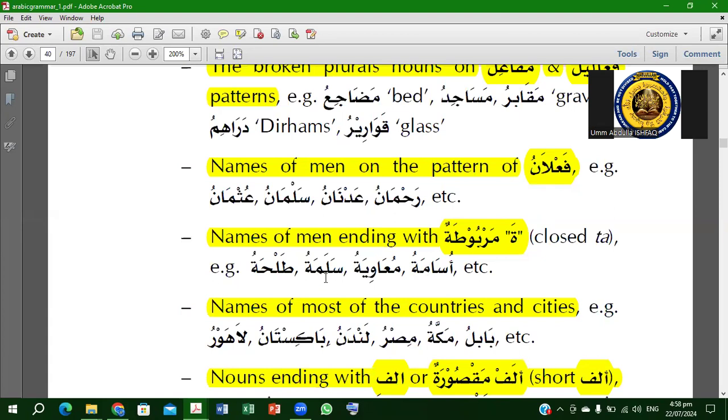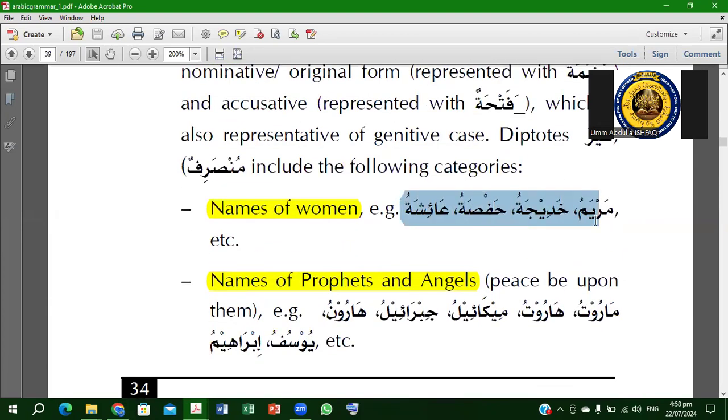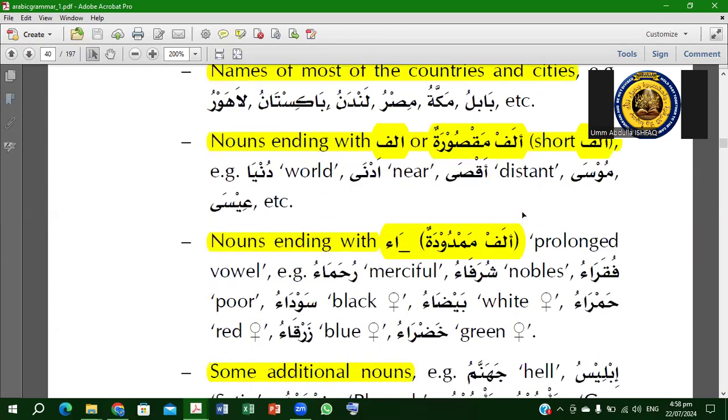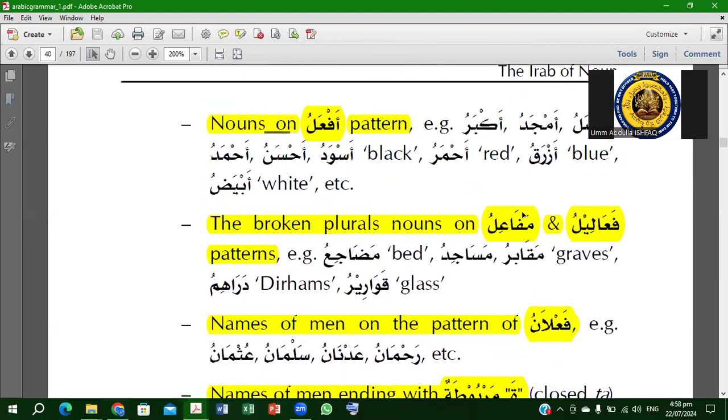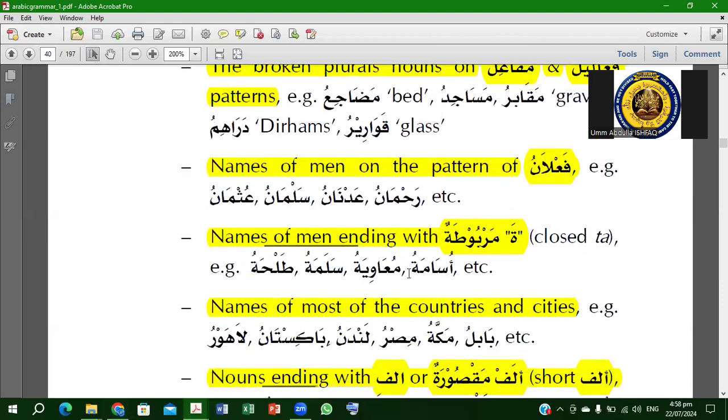Why don't we take them as feminine? Because we know they are men, they are male names, right? But this ta is a sign of females, that's why it is considered in grammar like this. In the beginning we saw all real female names are partly flexible. Similarly, those names which have a ta in the end but are male names will be considered partly flexible.